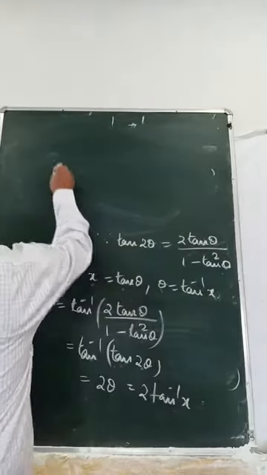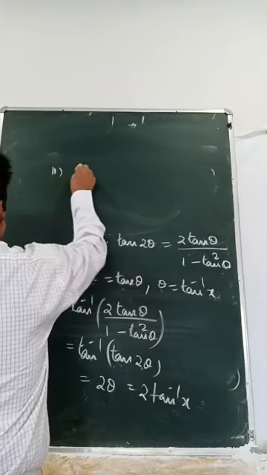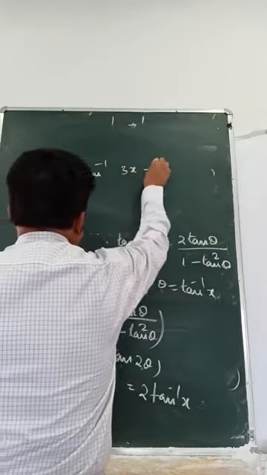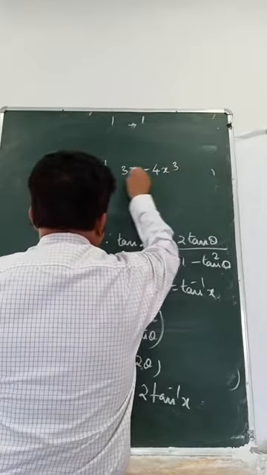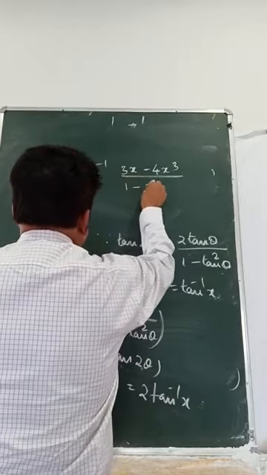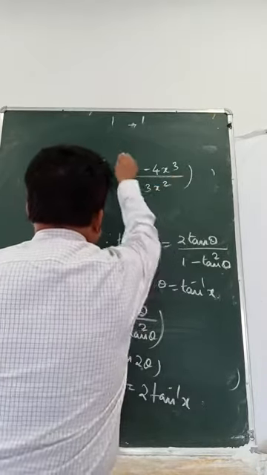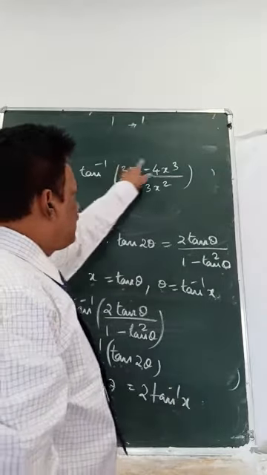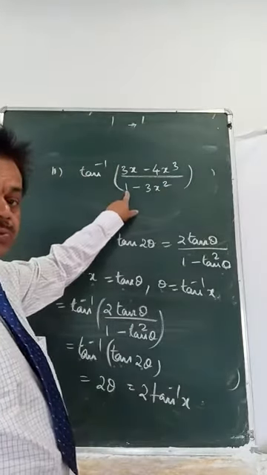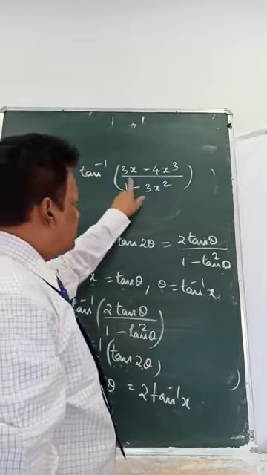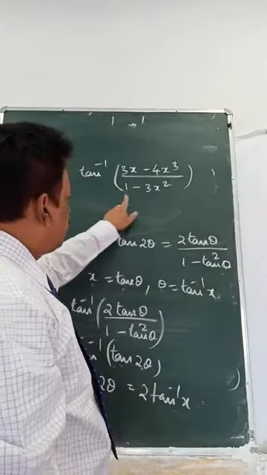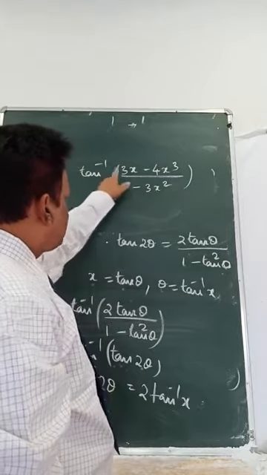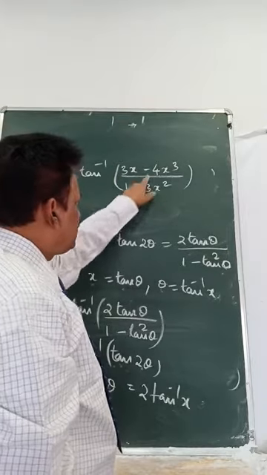If I find tan inverse of 3x minus x cubed by 1 minus 3x square. Every time you notice any formula of tan, the denominator always has 1. You notice it? I'll talk about this later. Now tan inverse means you have to choose a formula from tan which is similar to this.